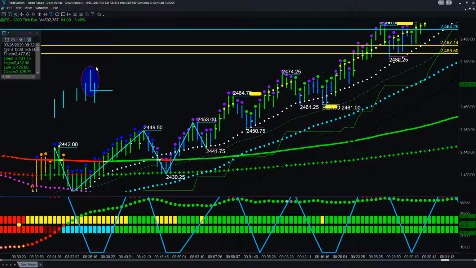I've identified this is the high bar, and now I'm looking for any subsequent bar to close below this bar right here. Let's assume this bar closes below. Any question on that? That's a pivot. Right here is a pivot.